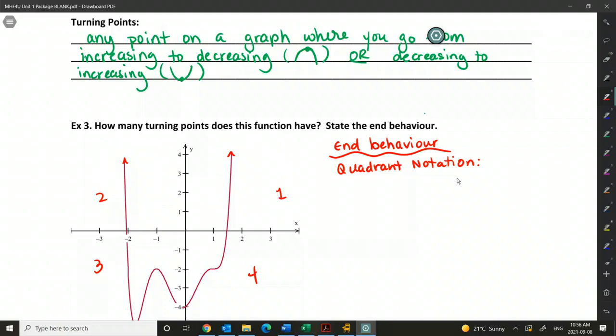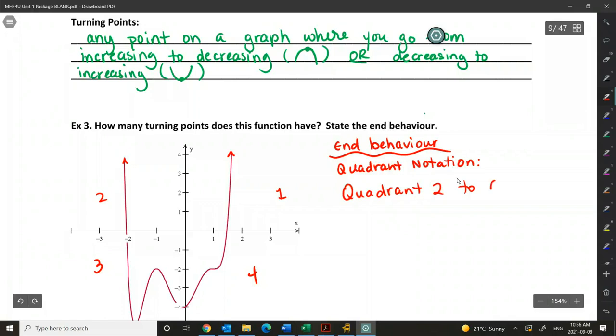No matter how far I extend them, they're always going to be in those 2 quadrants. So we will say quadrant 2 to quadrant 1. Sometimes I'll just say Q2 to Q1. That's fine, as long as you know what that means. Okay, so that's quadrant notation.